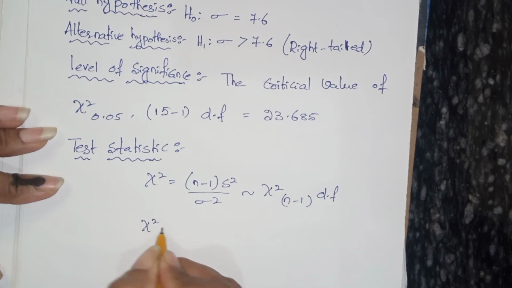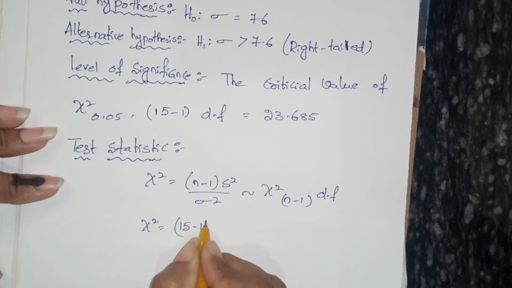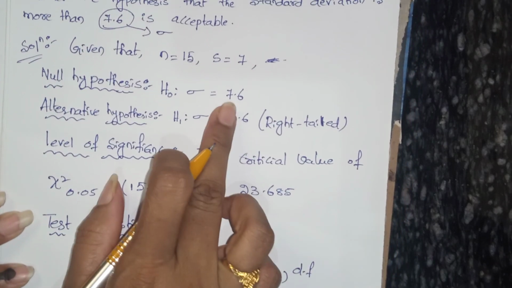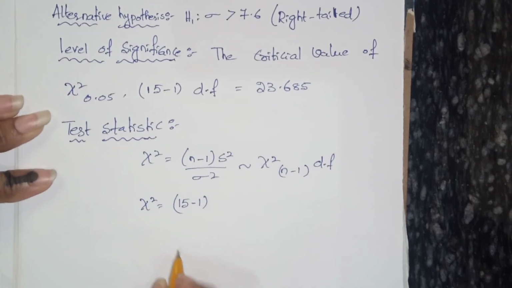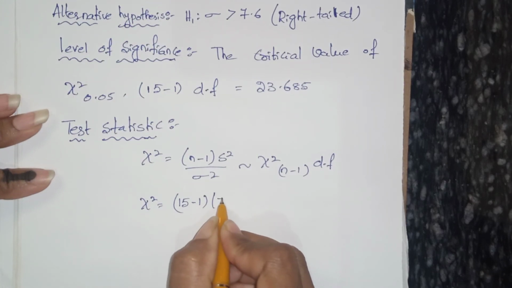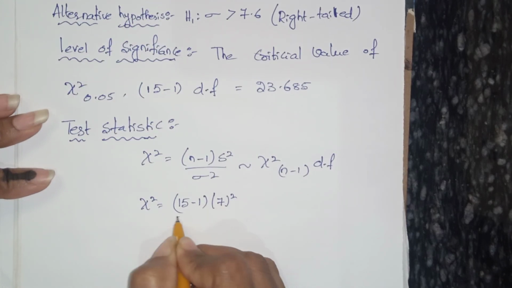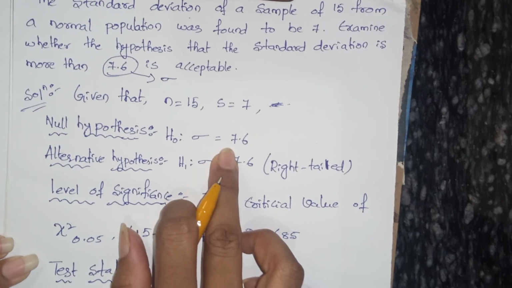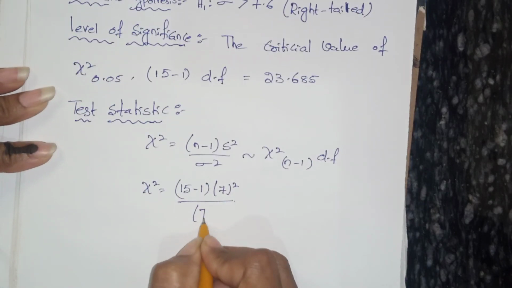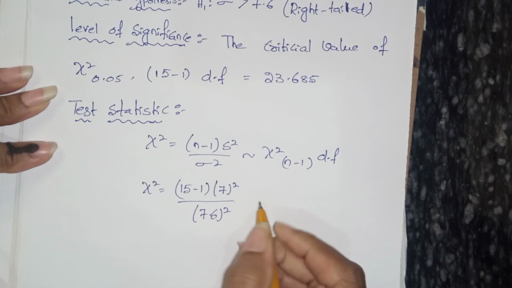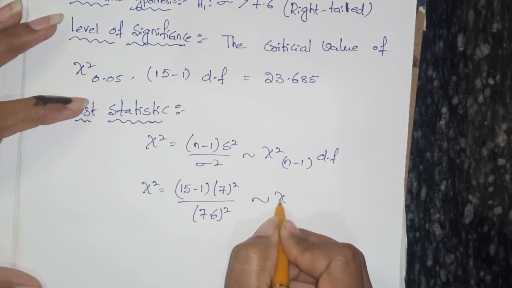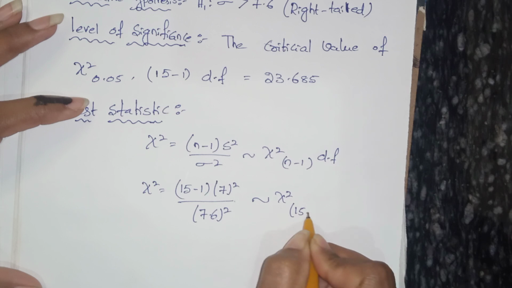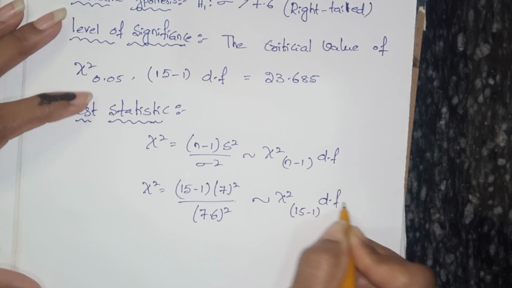So chi-square equals 15 minus 1, times s, which is 7, whole square, divided by sigma, which is 7.6, whole square.